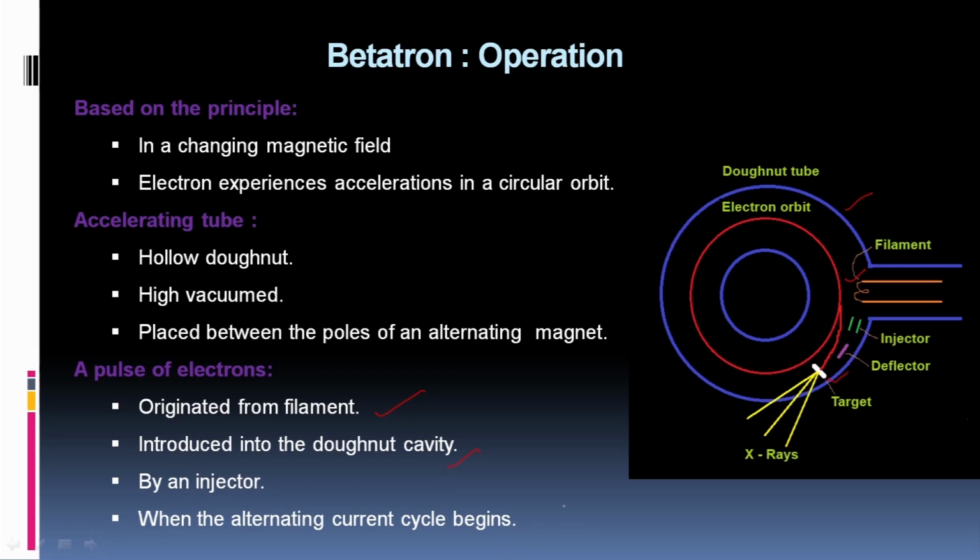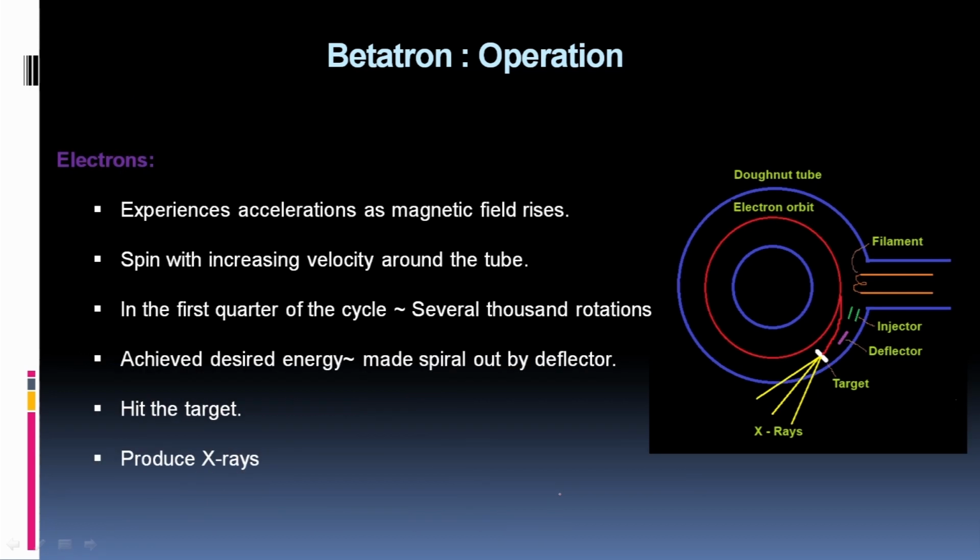The purpose of the injector is to introduce the pulse of electrons into the donut cavity when the alternating current cycle begins. Now the electrons experience acceleration as the magnetic field increases.